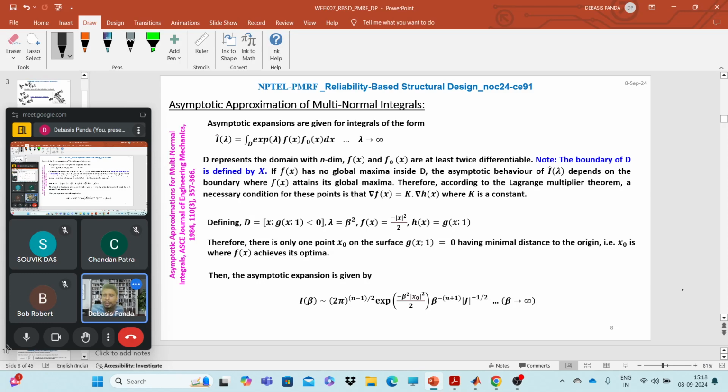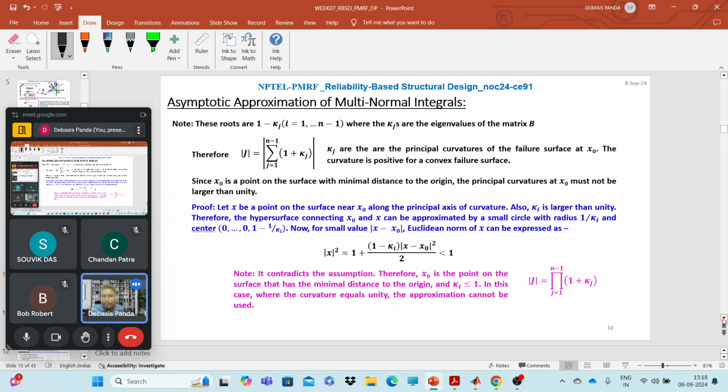We will stick to the Breitung model, how we can get the kappa value, how we can solve this problem using that model proposed by Breitung, and how we can get the probability of failure and beta. So he used that asymptotic integral to establish the relation between the Jacobian and the principal curvature around the minimum distant point.